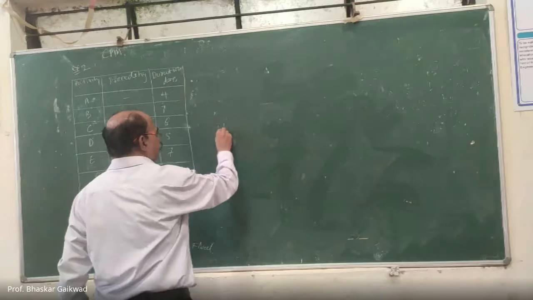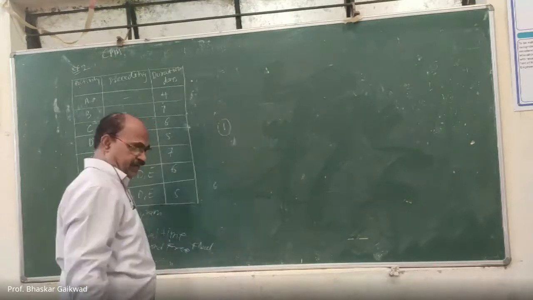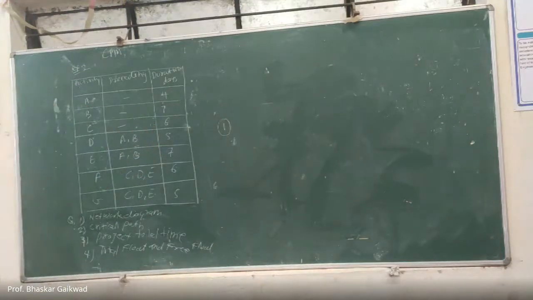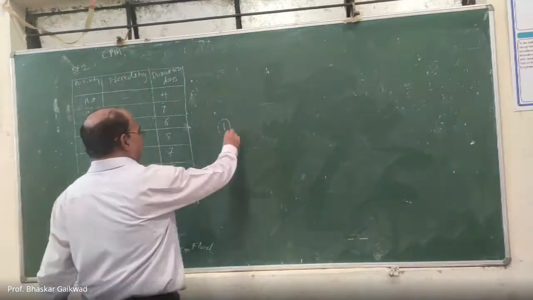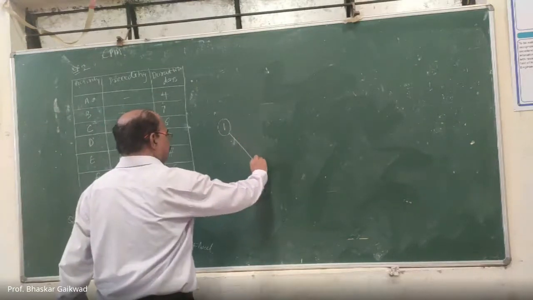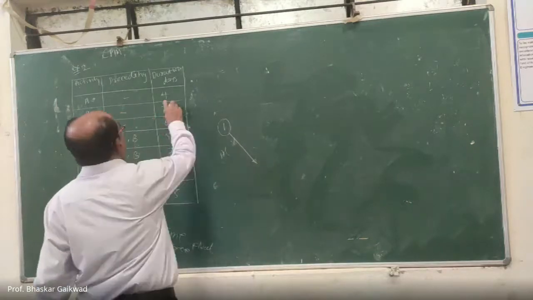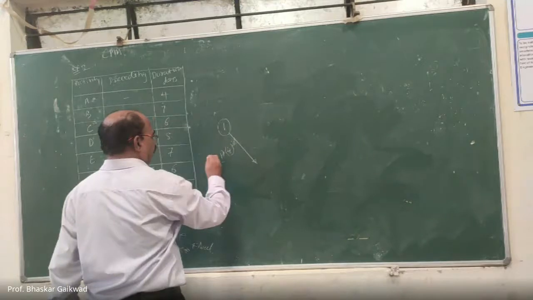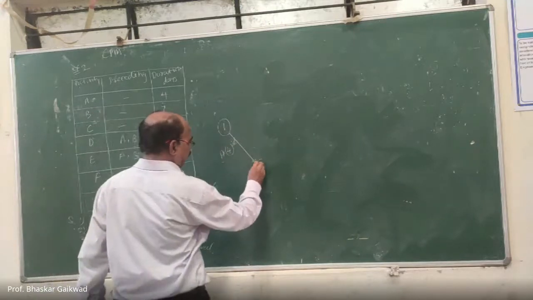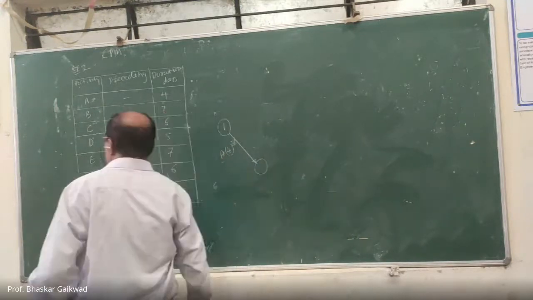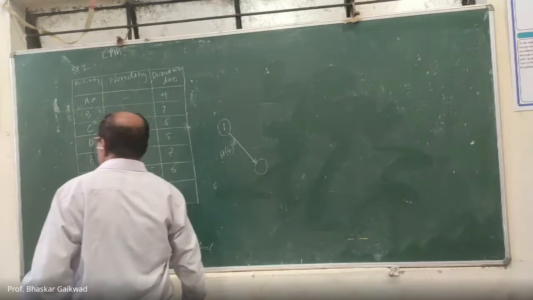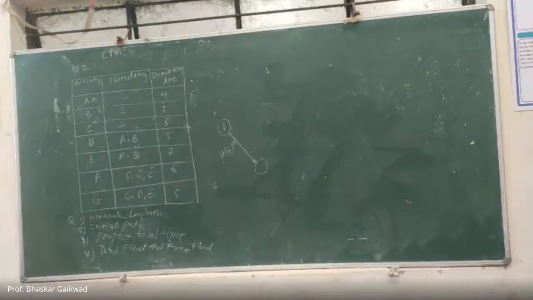This is called a node or event, where the activity starts or ends. After that, A will start from this. So this is A. What is the duration of A? 4. You can write in bracket 4. Here you can make node number 2. So here you can write node number 2.